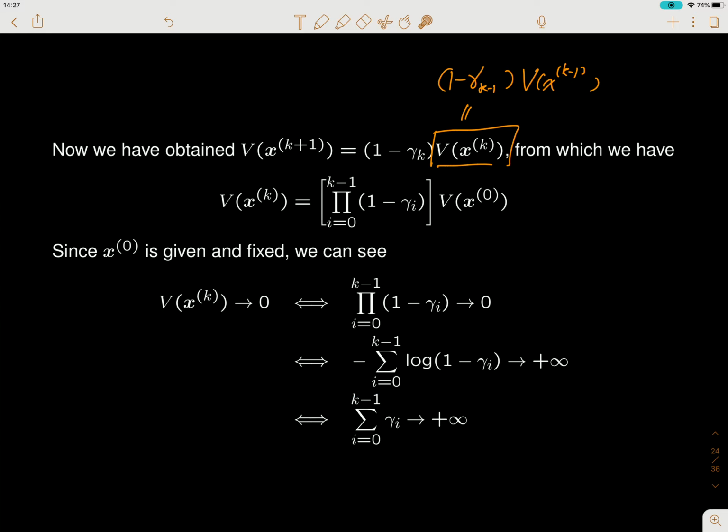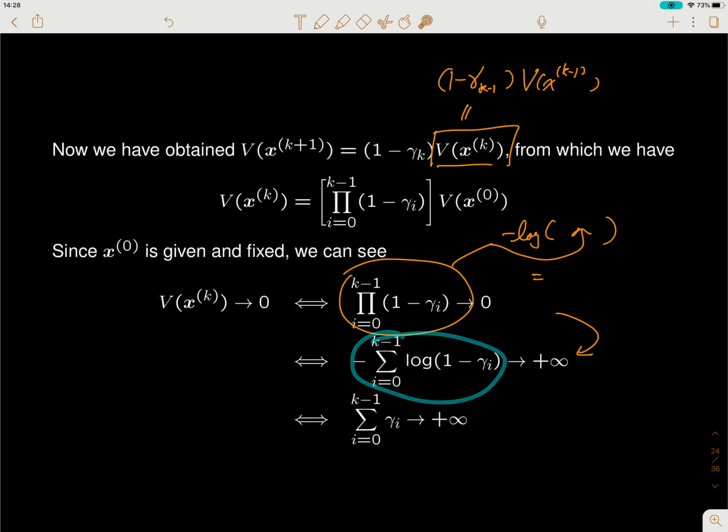Okay, and here, from this step to this step, as we said, we apply the negative log on both sides. Because log applied to the product becomes the sum of the logs, that's how we get to this one, right?